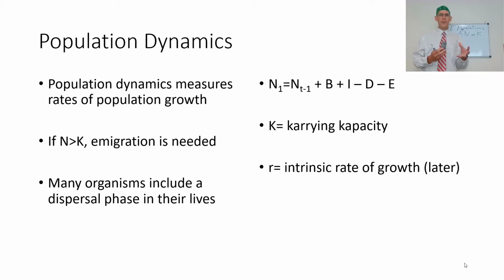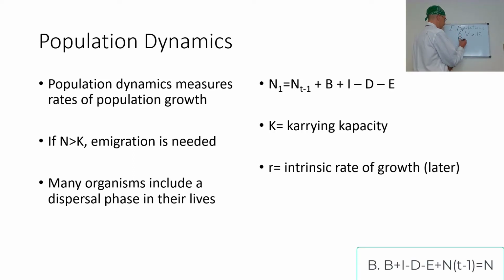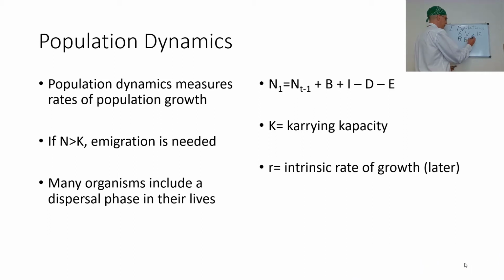So how do we know if N is too great? Well, there's an equation for this. Yay, math! So we have the births plus immigration. These are both positives that will increase N, minus deaths, and minus emigration, which are both negatives, things leaving.